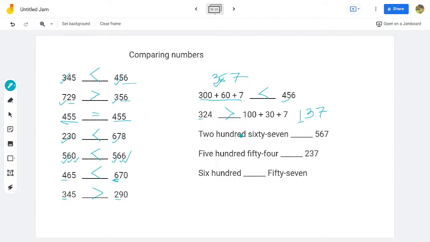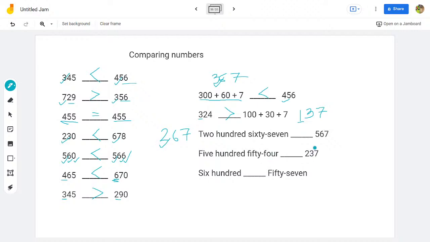Let's move on to the next set of numbers. 267, 567. Now if I try writing 267 in a number form, it would be written as 267. Now let's look at the first digit.